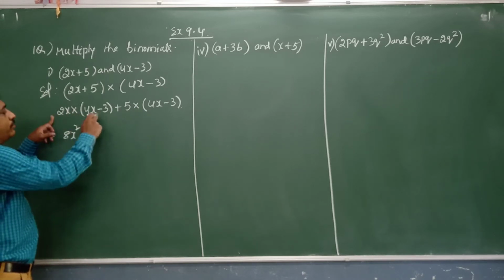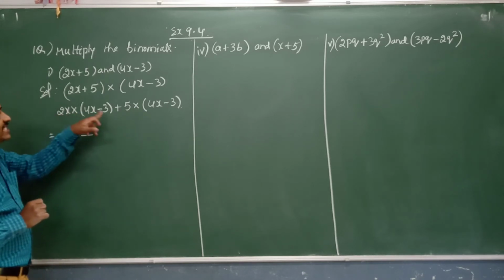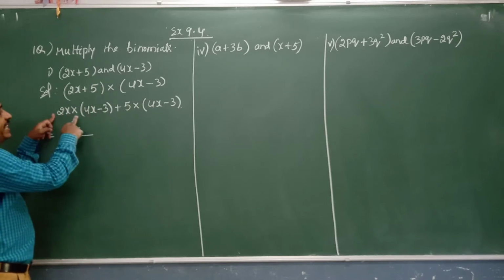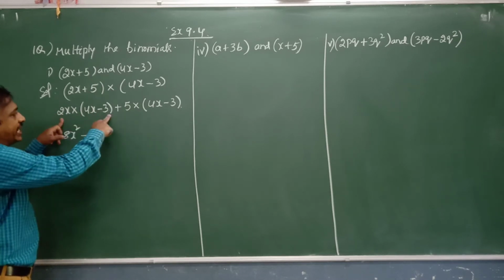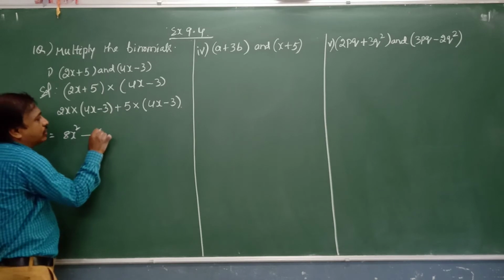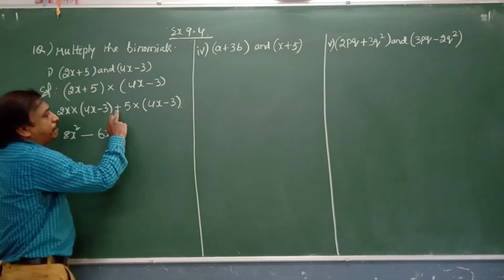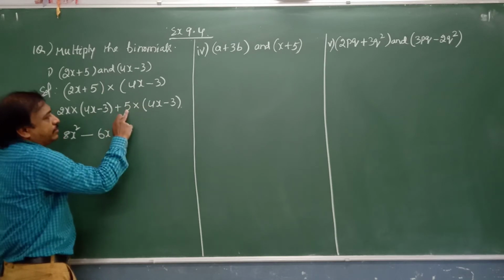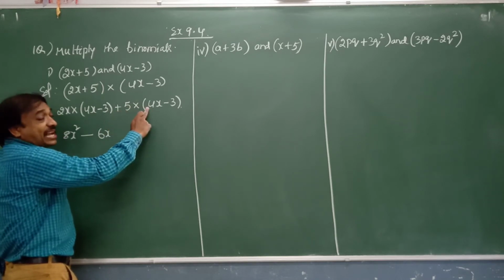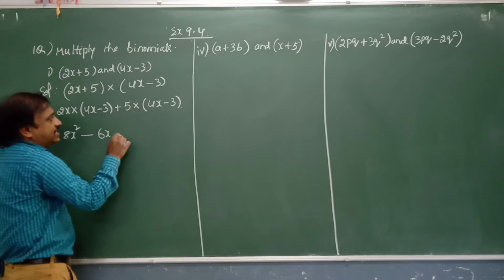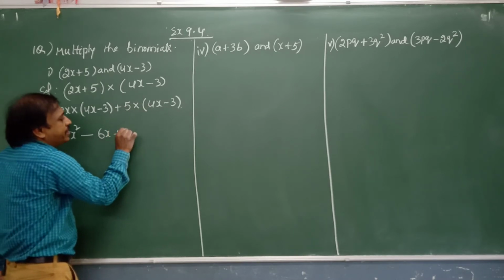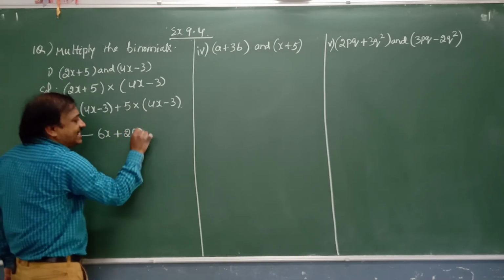Then plus into minus, minus 2x into 3 will be equal to 6x. Then plus into plus. You see here plus, and here also it has plus sign. Plus 5 fours are 20, and x is there.